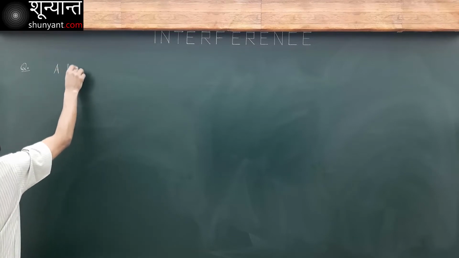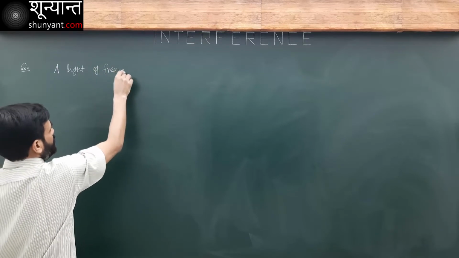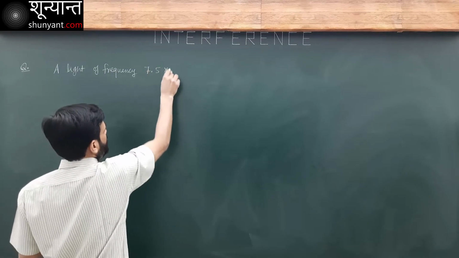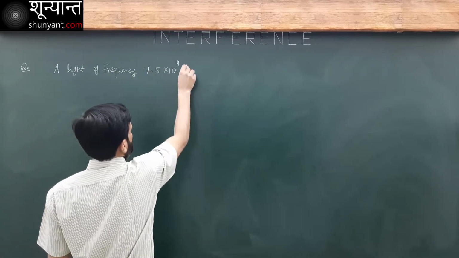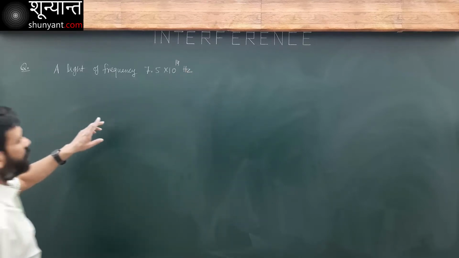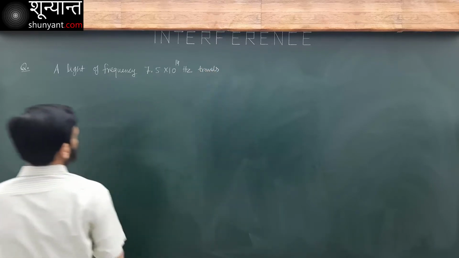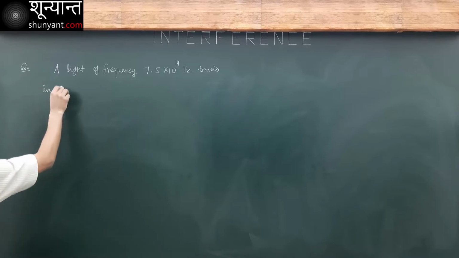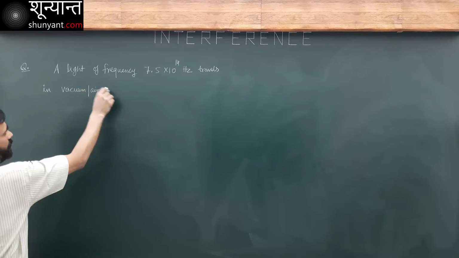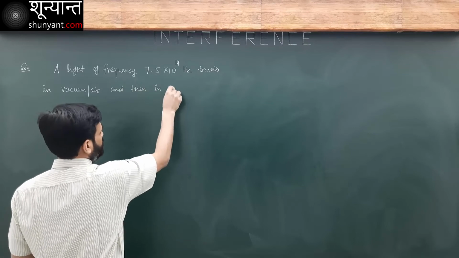Light of frequency 7.5 × 10^14 hertz travels in vacuum or air and then in water.